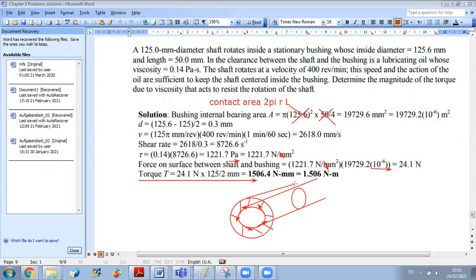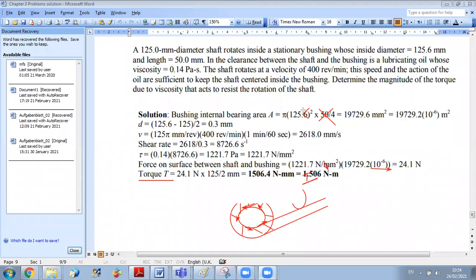Oil will be in contact for the whole length with the cylinder. So to find the total area of contact, you multiply this length by the perimeter of the inner shaft.